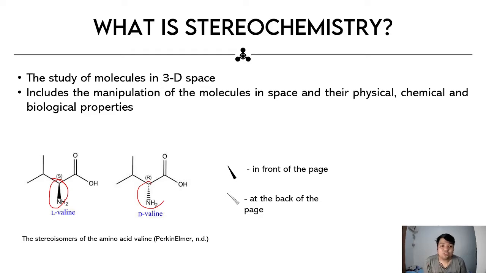Now we have introduced a new set of isomers here. These isomers of valine are what we call stereoisomers, wherein they are formed using the same atoms, they have the same types of bonds, but their arrangement in three-dimensional space is different.